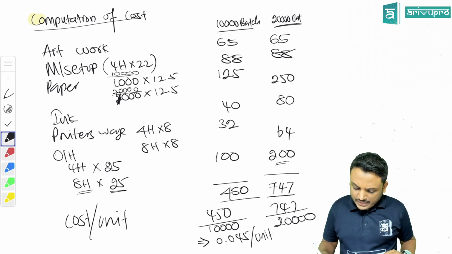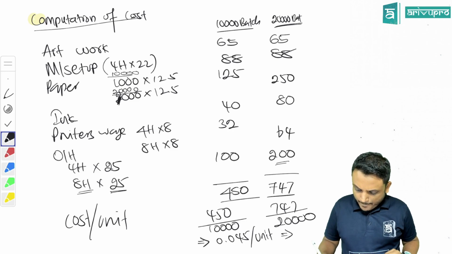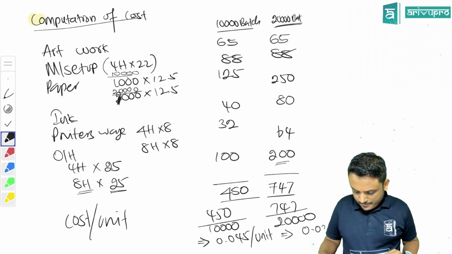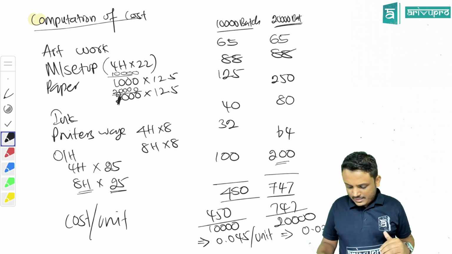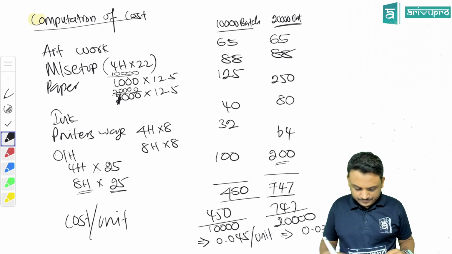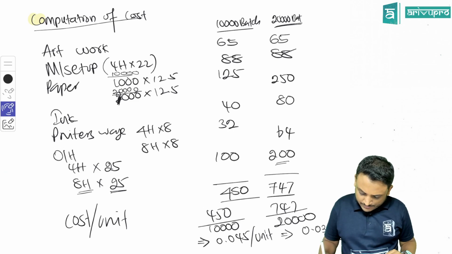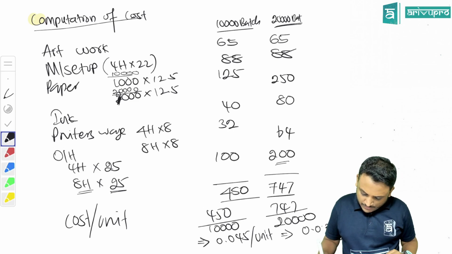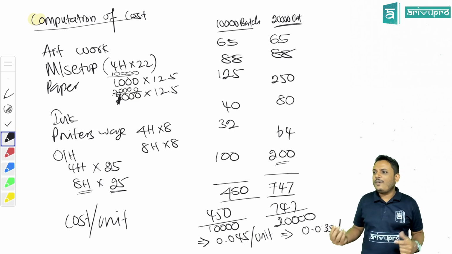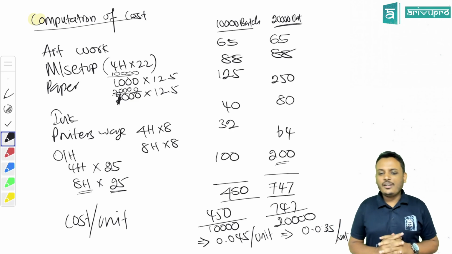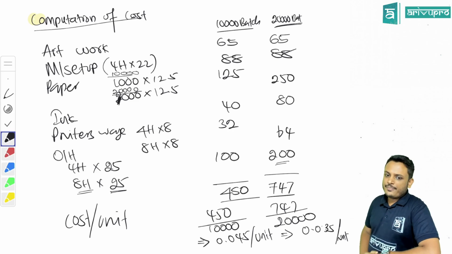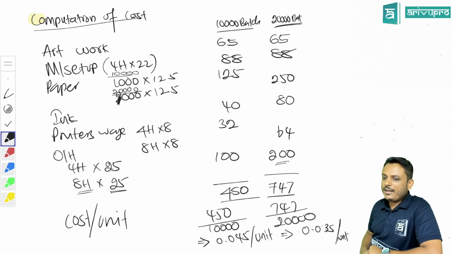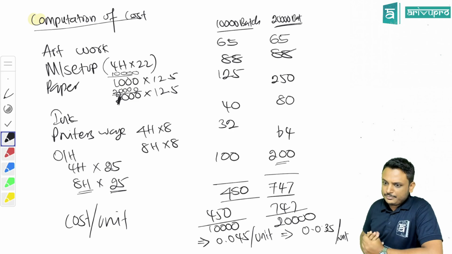What is the value for 20,000 leaflets? 3735. See, when you produce more, what will happen to your unit cost? Unit cost decreased. Understood? Understood batch costing? Clear?